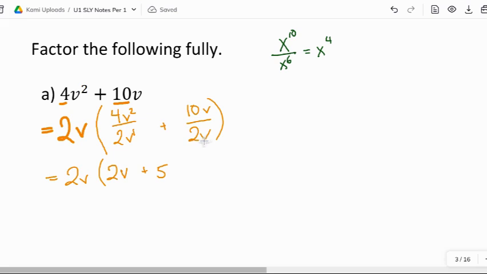What's v divided by v? They cancel out, but what is v divided by v? It's 1, right? So v divided by v is 1. So I'm saying 5 times 1. Because it's 1, we don't write it. But it's not nothing.